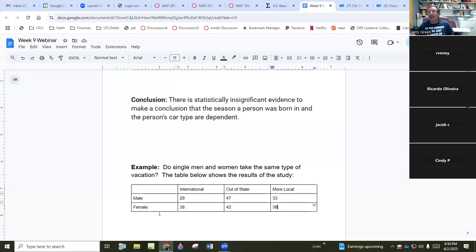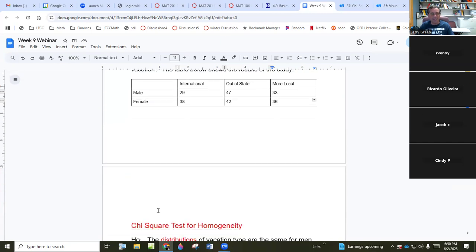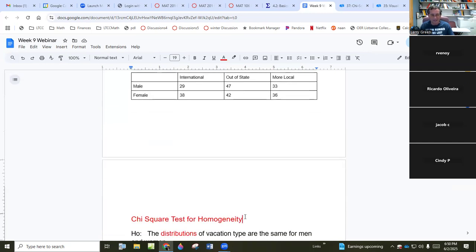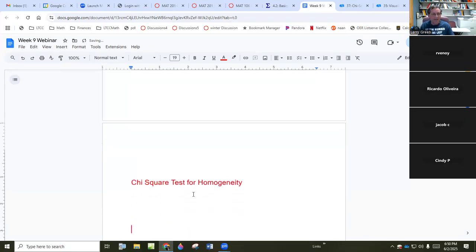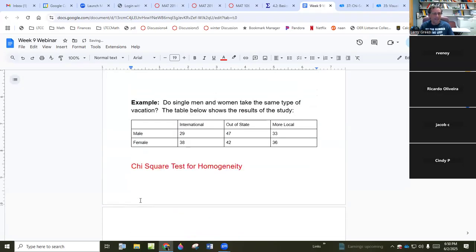So this is actually a different type of hypothesis test, and the type we're going to use is the chi-squared test for homogeneity.